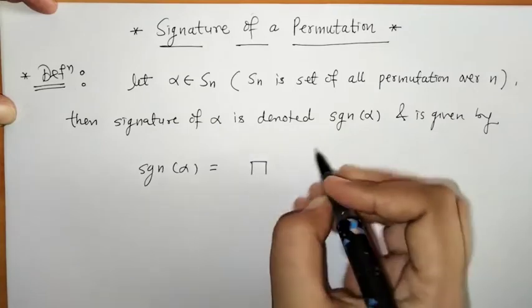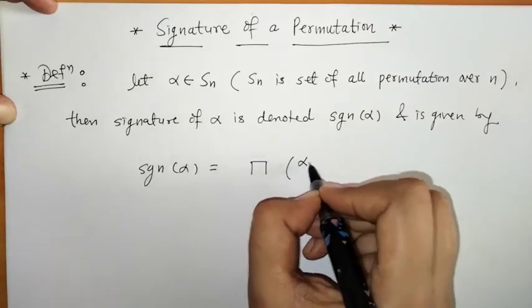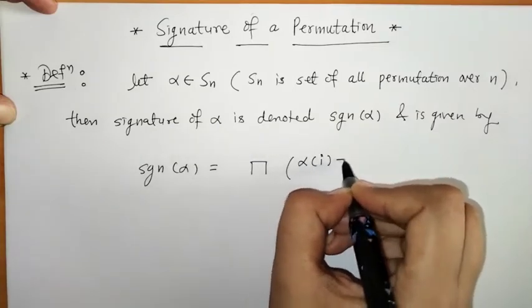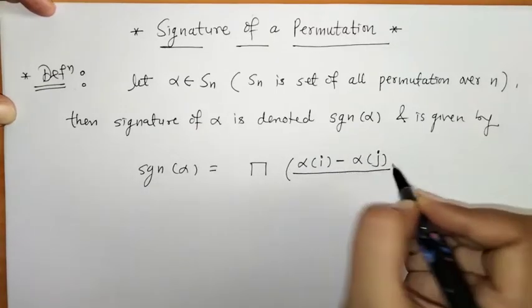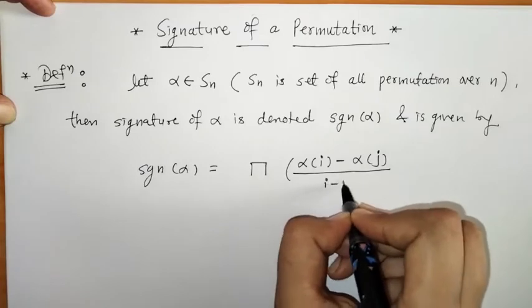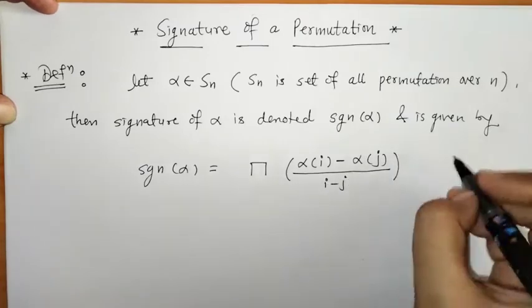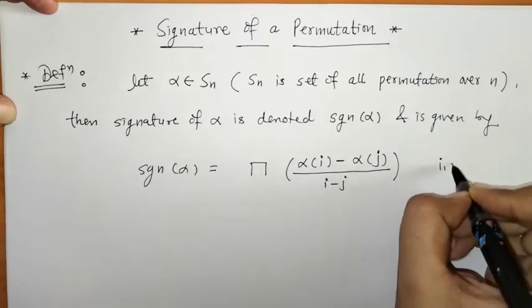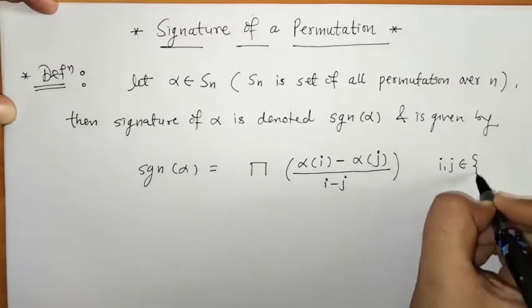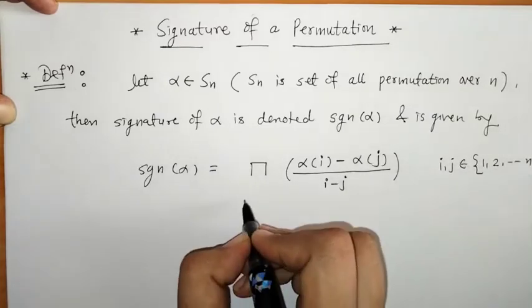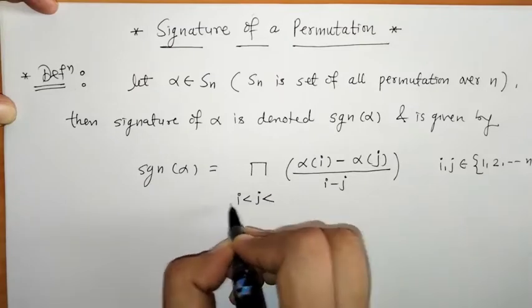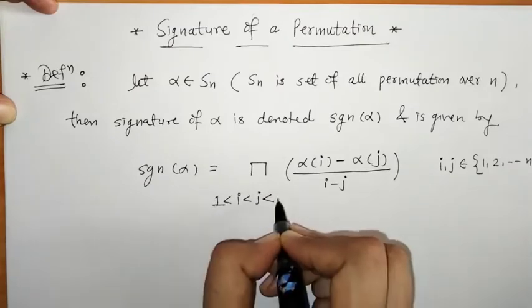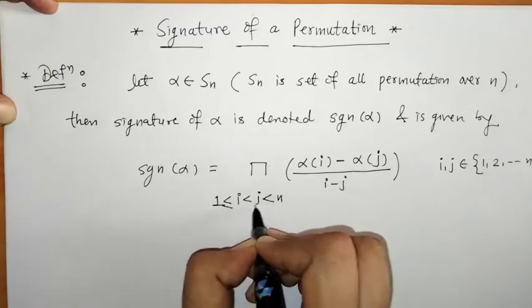This is the product of alpha of i minus alpha of j upon i minus j, where i, j belongs to this set and the values of i, j lie between 1 and n, right?